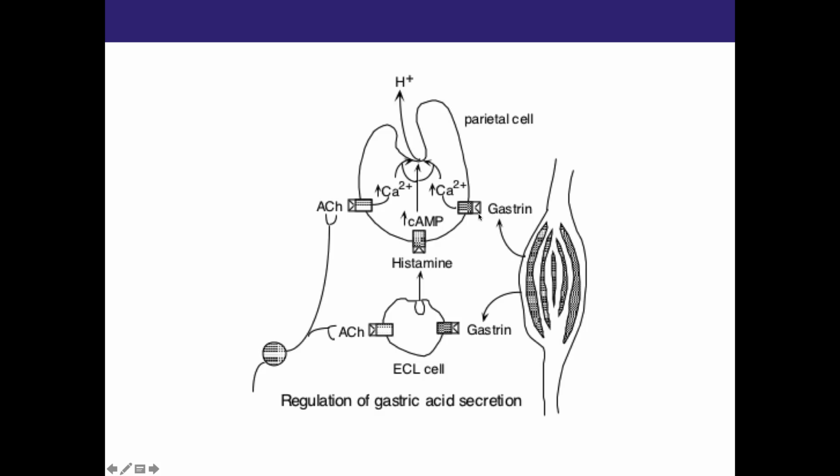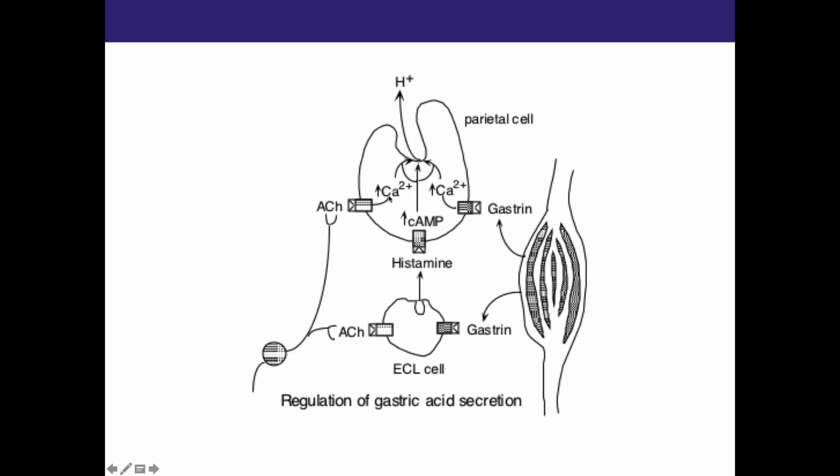Along with that, the vagal nerve is being stimulated and releasing acetylcholine, the neurotransmitter that's also triggering these parietal cells. So you're getting a little bit of acid secretion, some of the gastrin, some of the acetylcholine. You guys remember this, we talked about this in class.